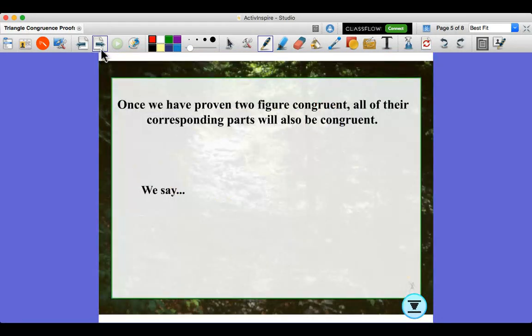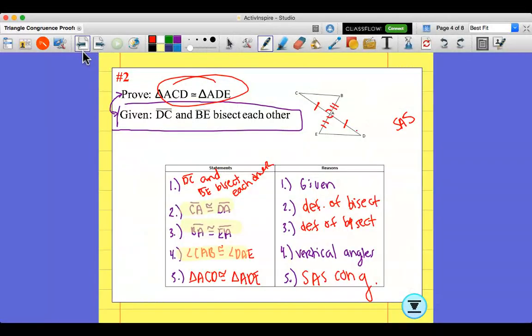Okay, so let's look at this, because this is what we talked about in class. Once I know that these two triangles are congruent, I can add something else in here. I can now say that angle D is congruent to angle C. Look at where they are. Oh, this isn't ACD. What am I doing?